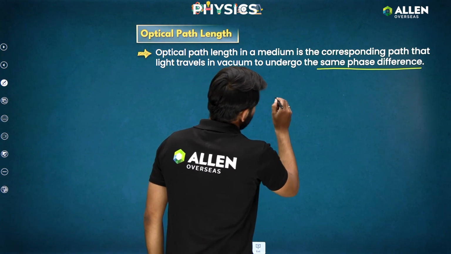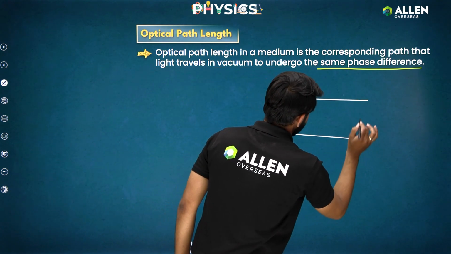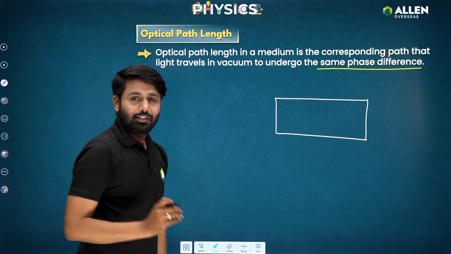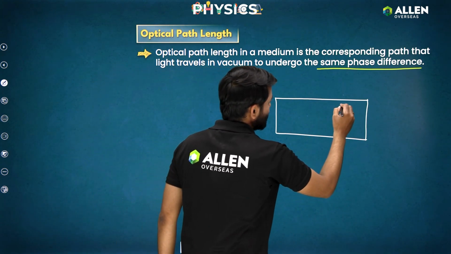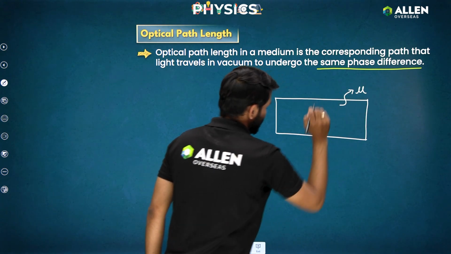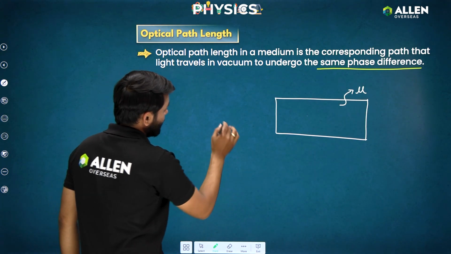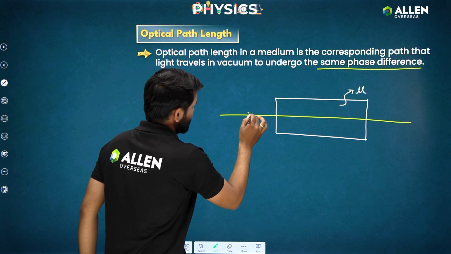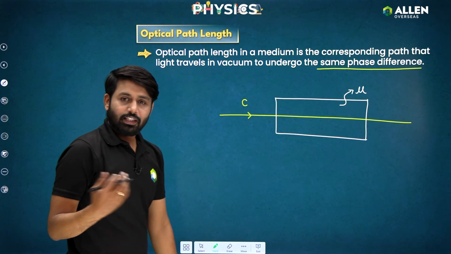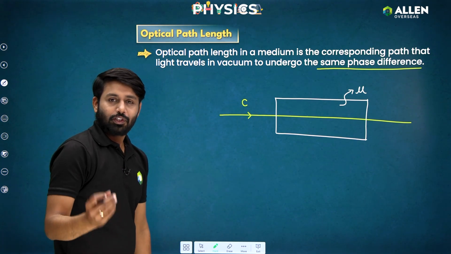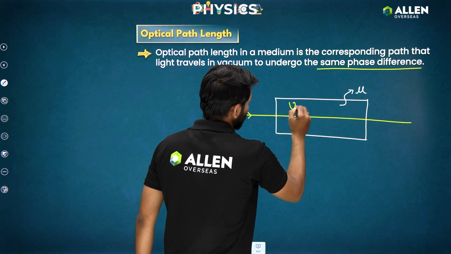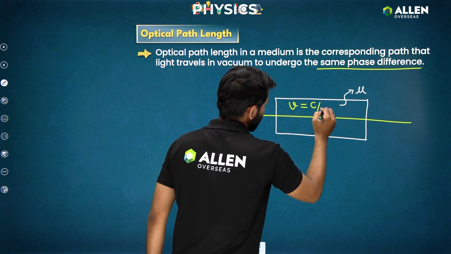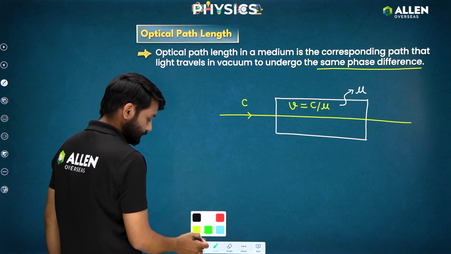So let's understand more about the optical path length. Let's suppose this is the medium, right? And let's say the refractive index of this medium is mu, and light is traveling like this. This is the speed of light in vacuum. When light enters the medium, you know that the speed of light will change and it's c by mu, right?